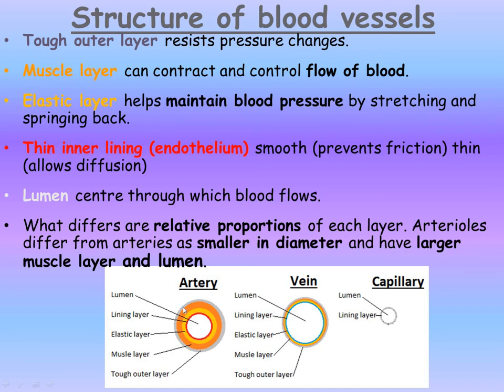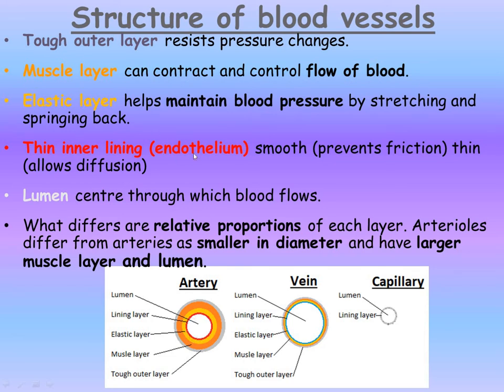You've got the muscle layer, in orange, which can contract and control the flow of blood. You've got the elastic layer, in yellow, which helps maintain blood pressure by stretching and recoiling back. Then there is the thin inner lining, or the endothelium.